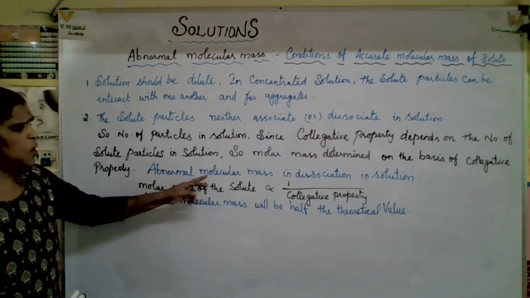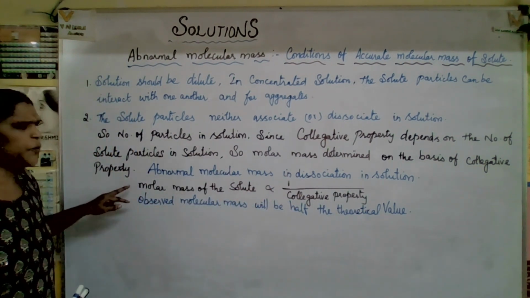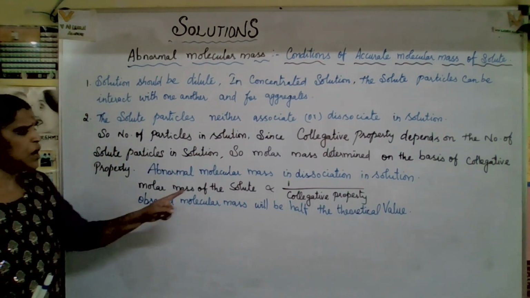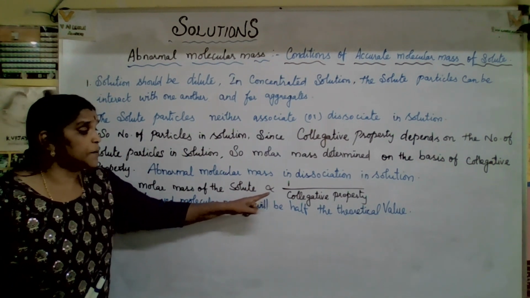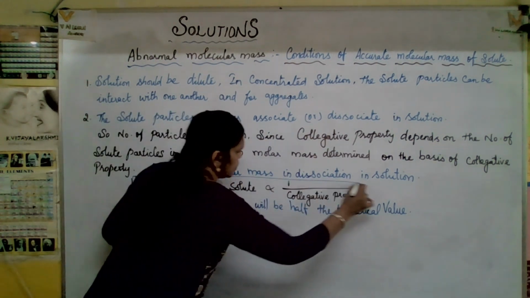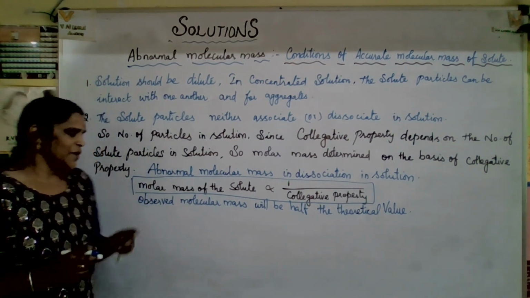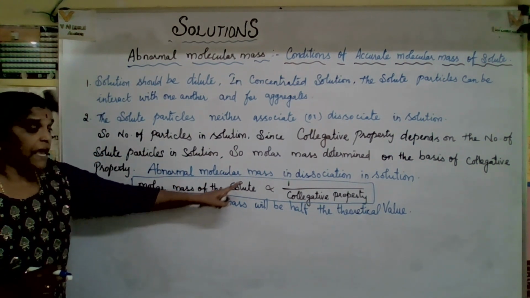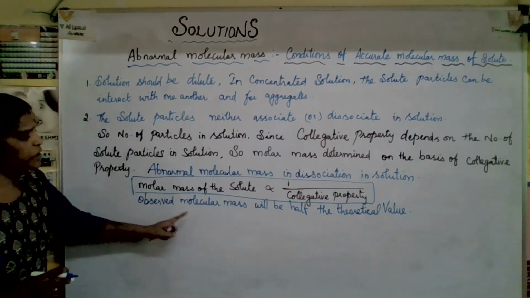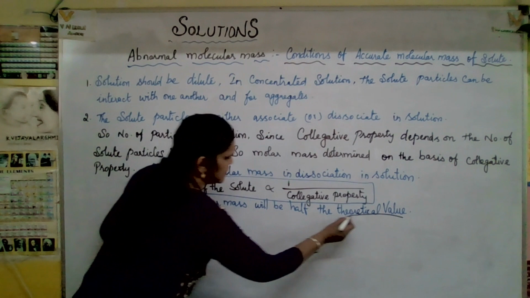Abnormal molecular mass in dissociation of the solute in the solution: here two main points you have to consider. First, the molar mass of the solute is inversely proportional to the colligative property. This is a very important point to be noted, because this will help you to solve the sum. And the observed molecular mass will be half of the theoretical value.